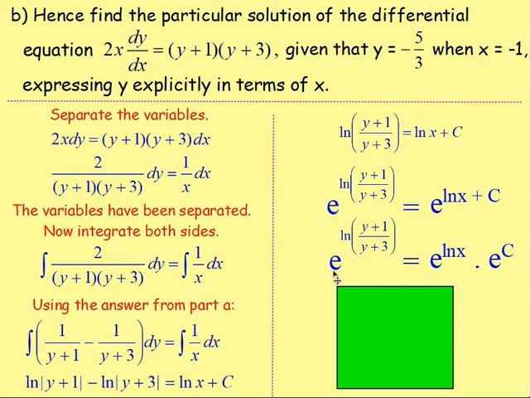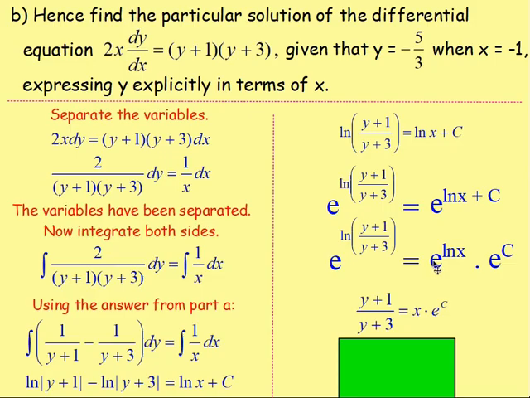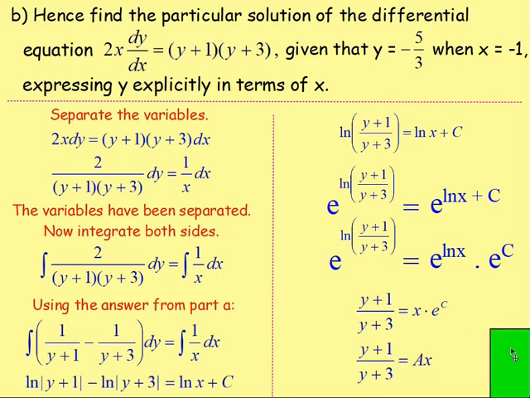So we will be left with y plus 1 over y plus 3 equal to x times e to the power of c. E to the power of c, as you remember, is equal to a. So we'd have a times x.